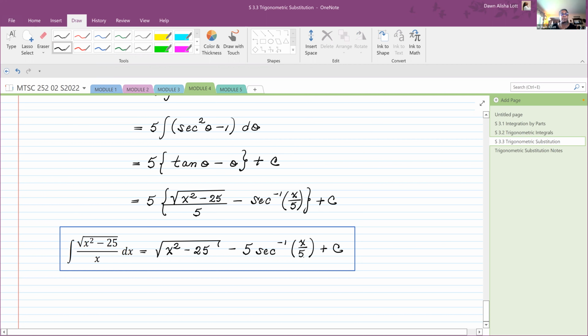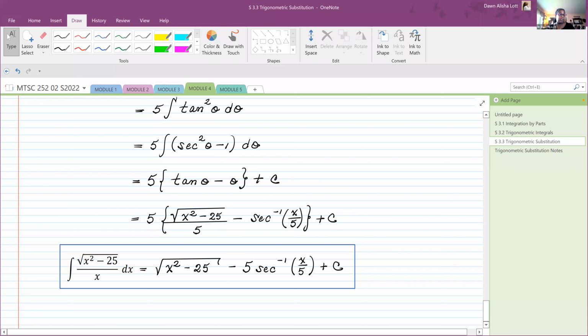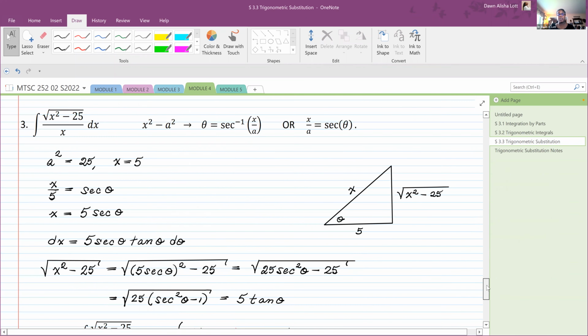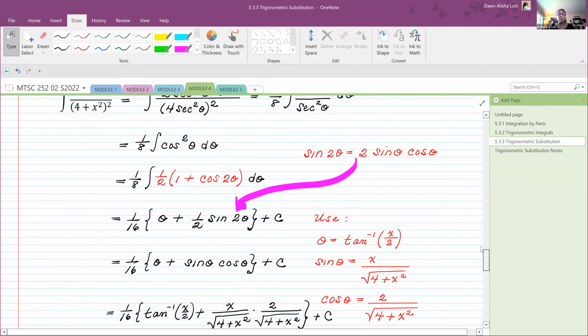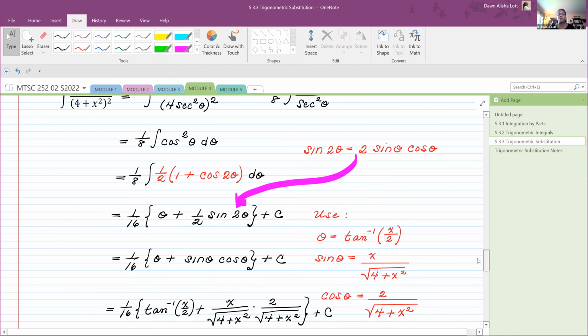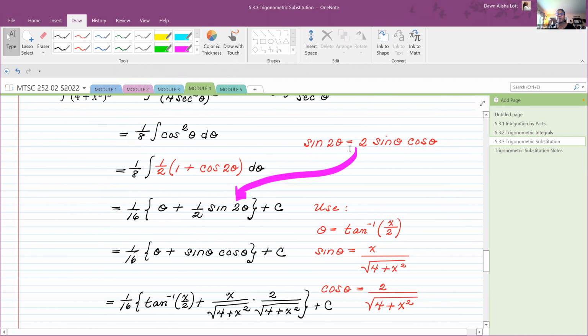There we go. Okay. Any questions about these? Because the next one I'm getting ready to do is much more difficult. So I know that there are a lot of formulas that you guys, this is a formula sheet, man. Here we had to use sine of 2 theta. That was a new formula for us.